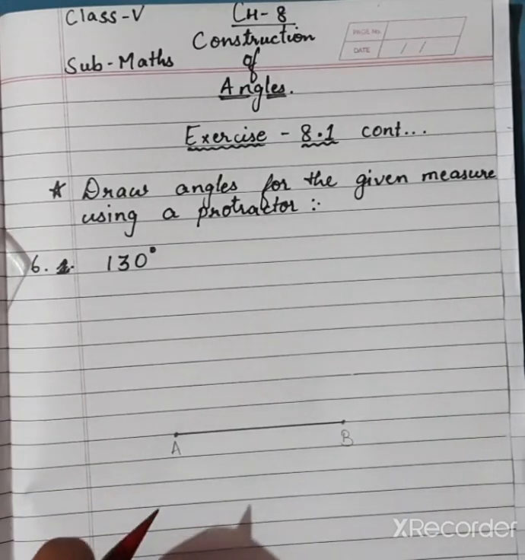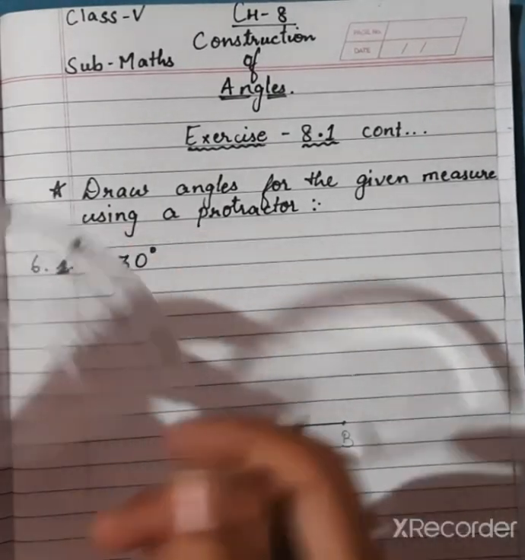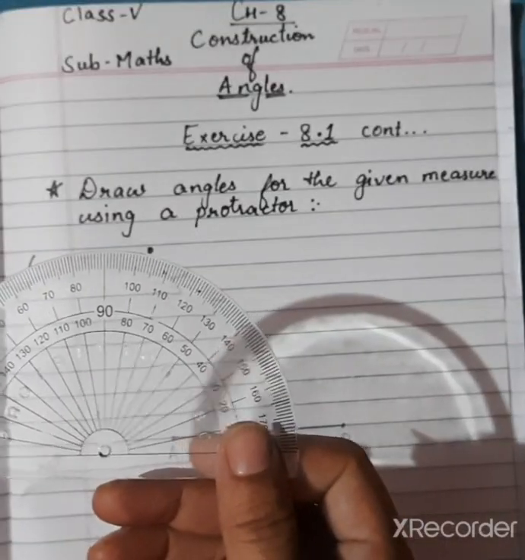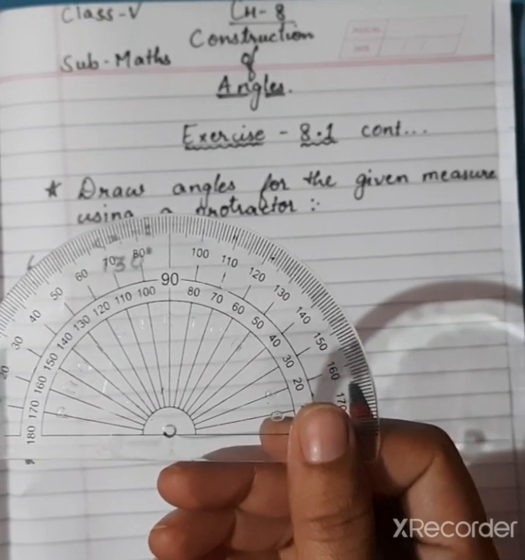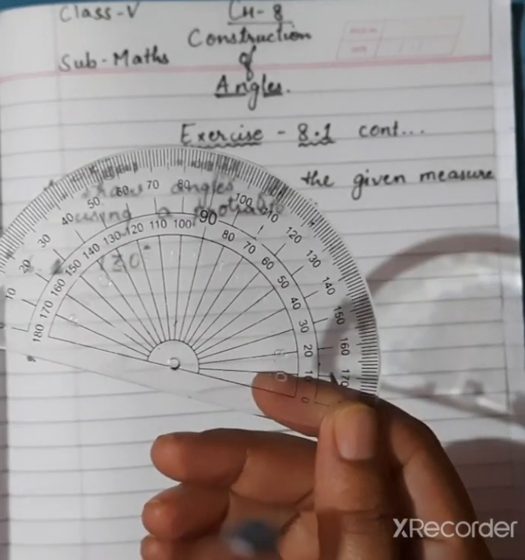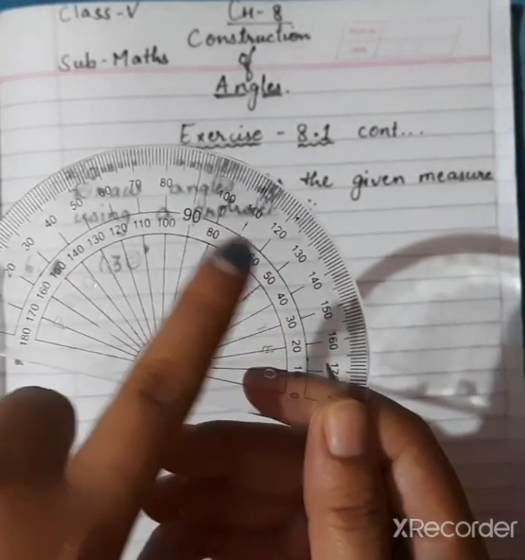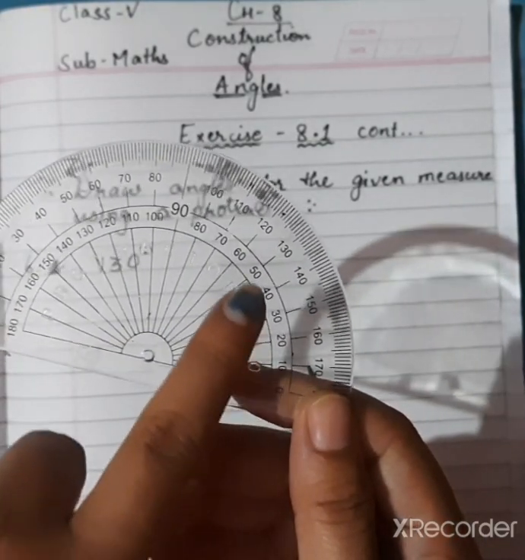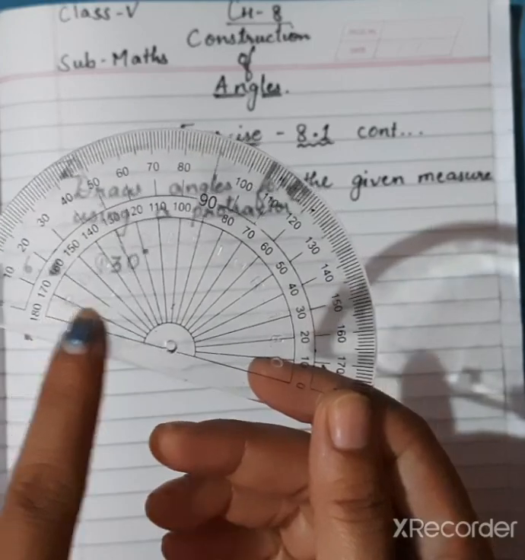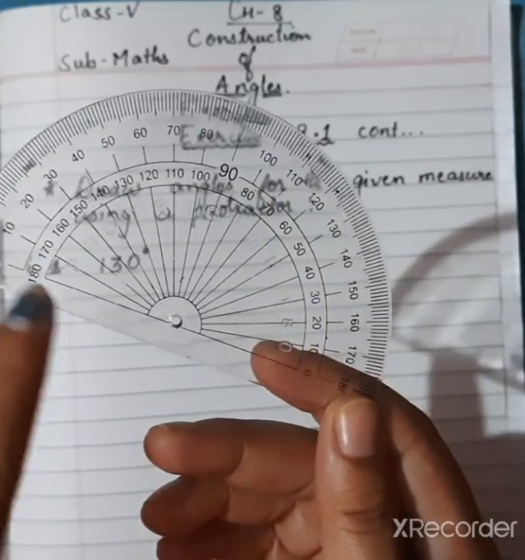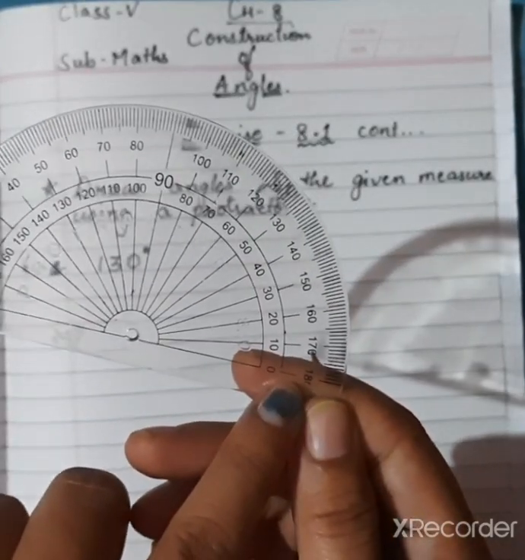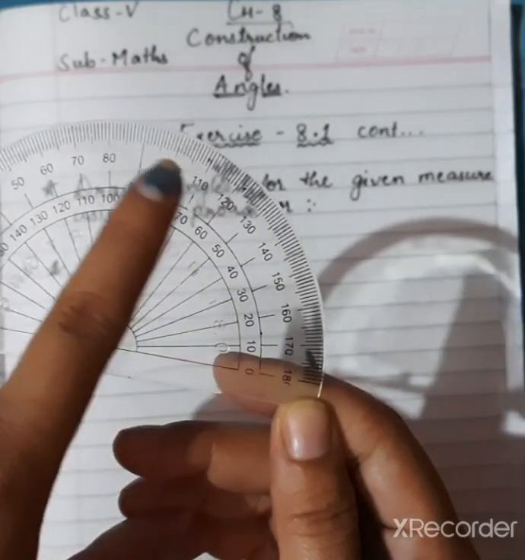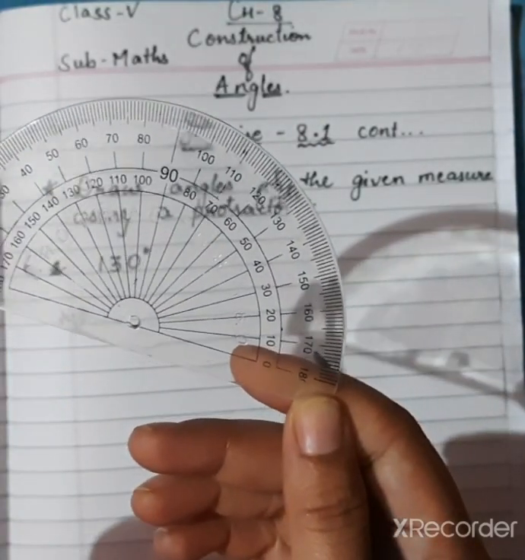Now you have to pick up your protractor, and as you can see in the protractor, 2 markings are there. The inner one goes from 0 to 180, and the outer one, which is in reverse order, goes from 180 to 0.